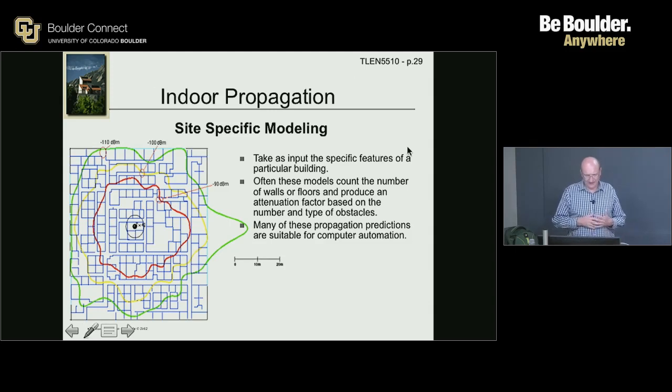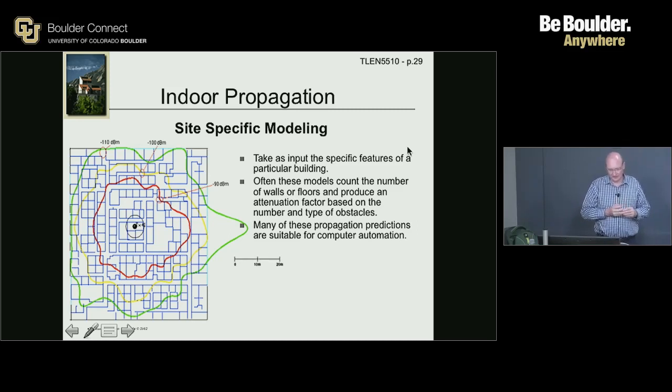So after the indoor penetration estimate, what happens indoor is usually very site-specific. You can say on average, I've seen models, let's say on average for a home of so many square feet, you should account for so much loss.